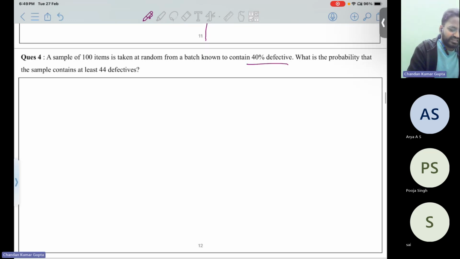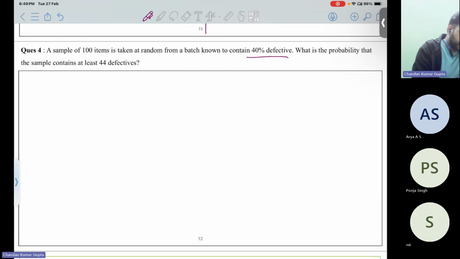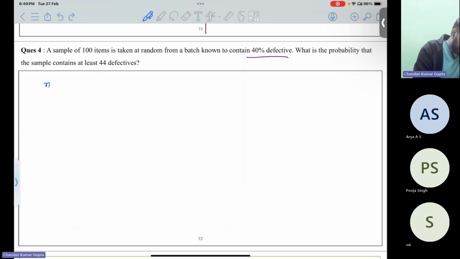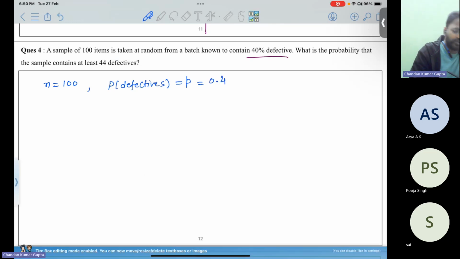It is a very simple question. Here it is given n equal to 100. We are also given the probability of defective, let us say small p, which is equal to 40%, which is 0.4.